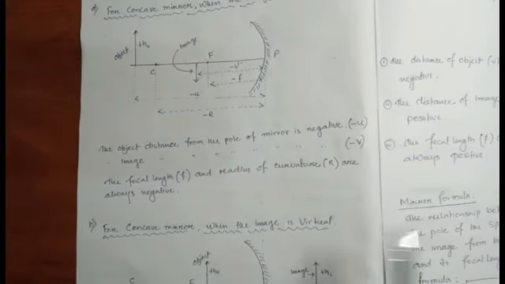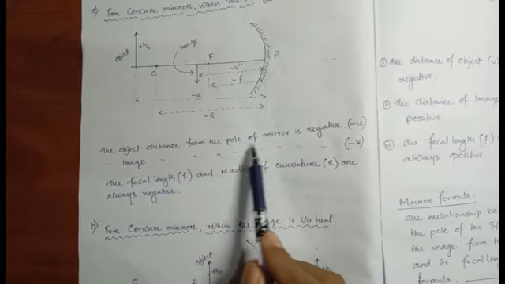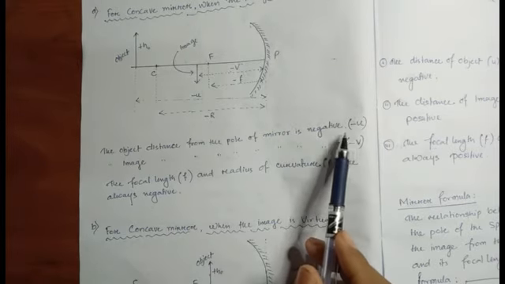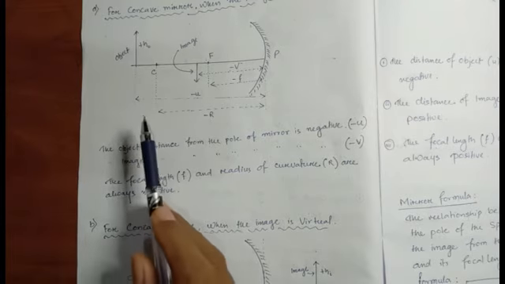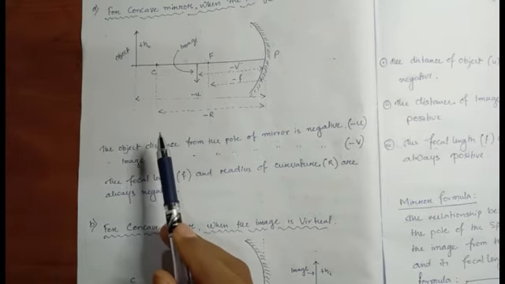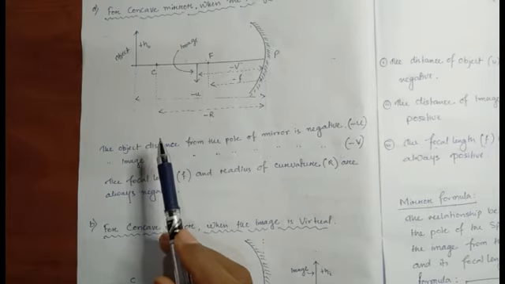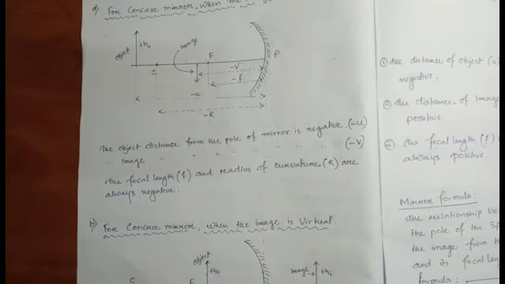Clear? So the object distance from the pole of the mirror is always negative. Why? Because it is the convention that the object is always kept to the left of the pole, and while measuring the distance from the pole in the left direction, that will always be negative.